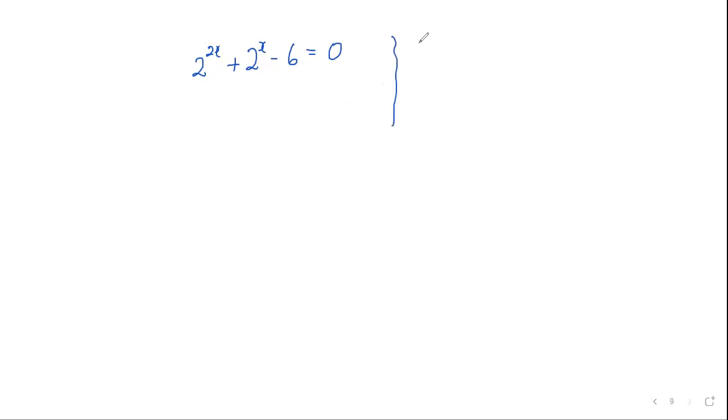Why? Because 2x squared is 2 to the power of 2x there, which is the first term. So the whole thing can be written as 2x squared plus 2x minus 6.